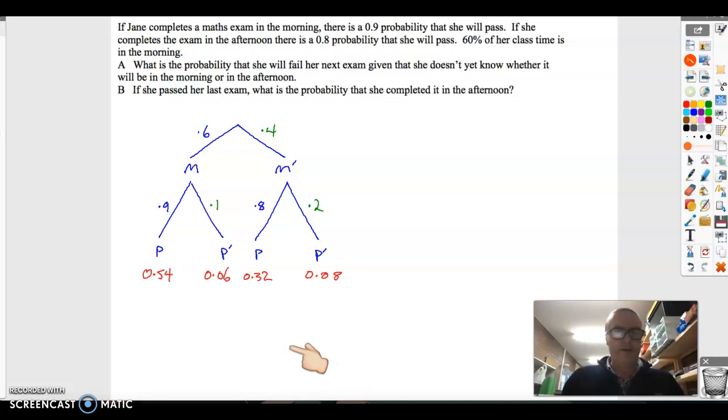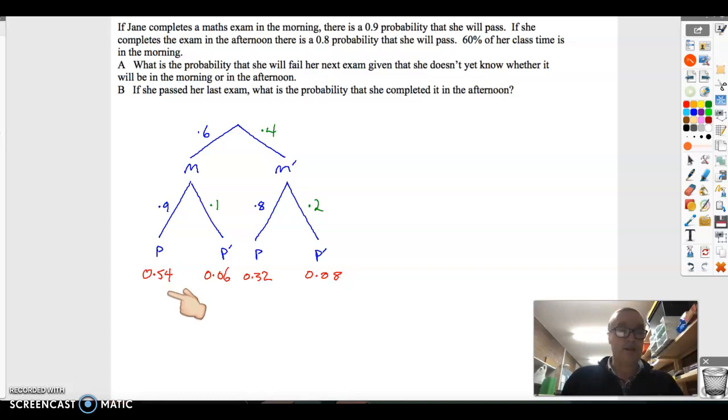And here I've added all of the intersections, and we do this by multiplying our way down the tree. So 60% of 90%, or 0.6 times 0.9, is 0.54. So that is to say, if 60% of the time is in the morning, and she's going to pass 90% of that 60%, then 90% of 60% is 54%, or 0.54.